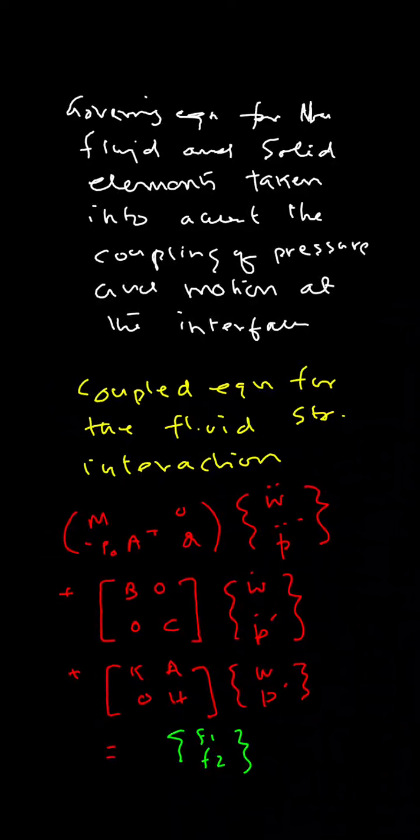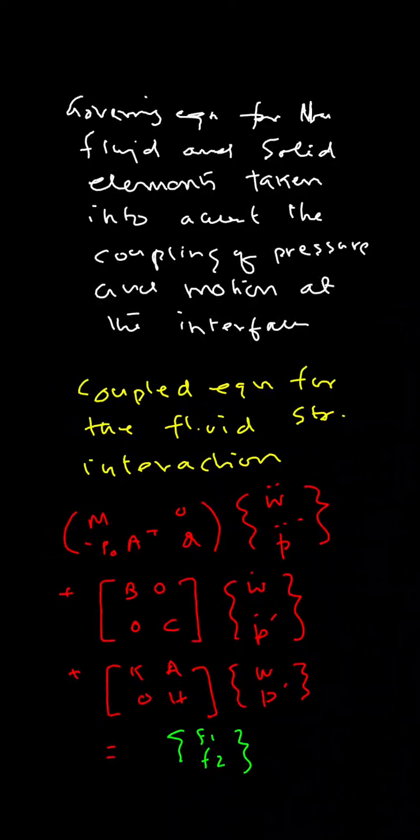We have one matrix corresponding to M and minus rho 0 A transpose Q. This is for the double dot terms, that is, the double differentiation values, w double dot and p dash double dot. The first is the mass matrix, the second is the damping matrix, and the third is the stiffness matrix.